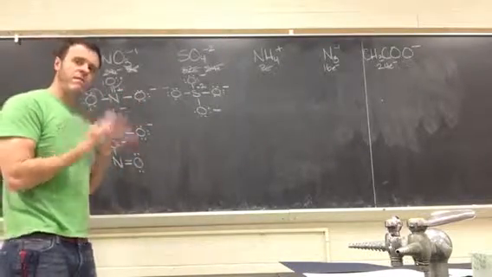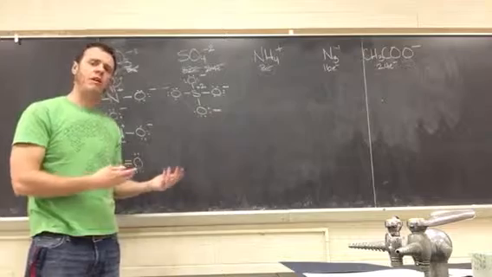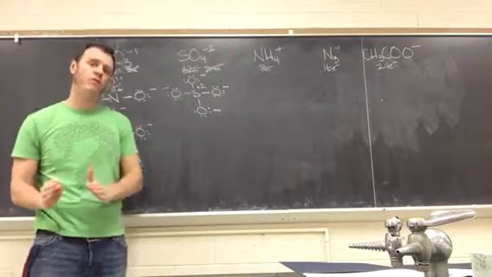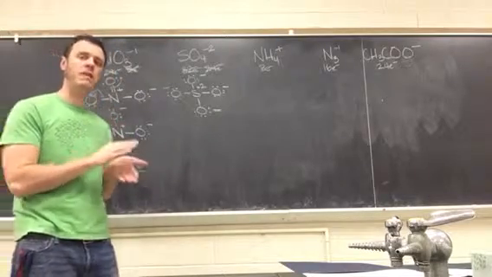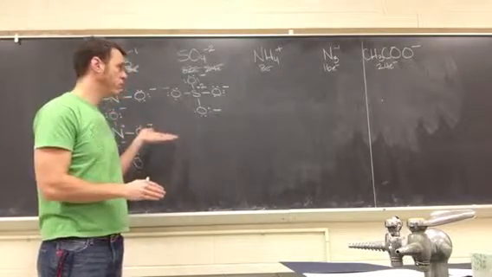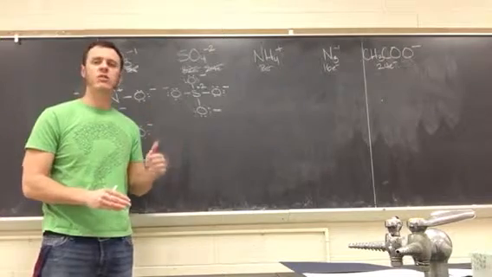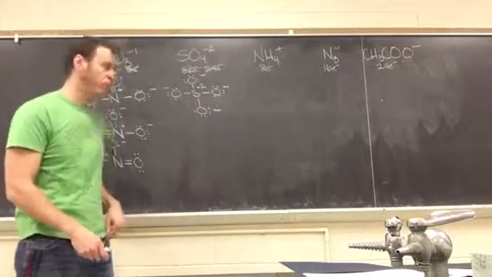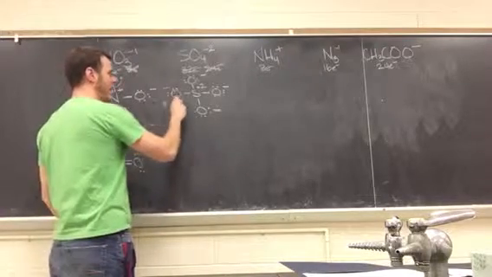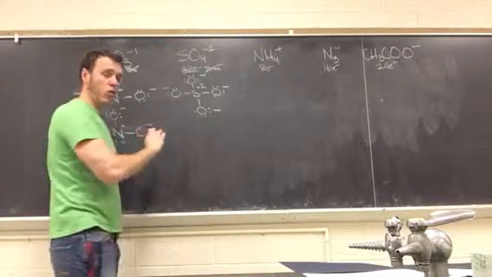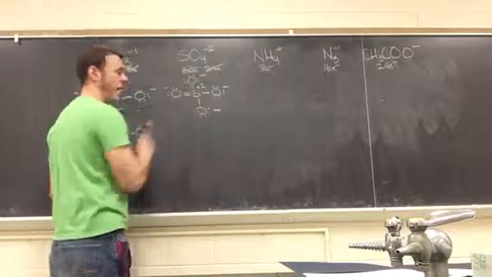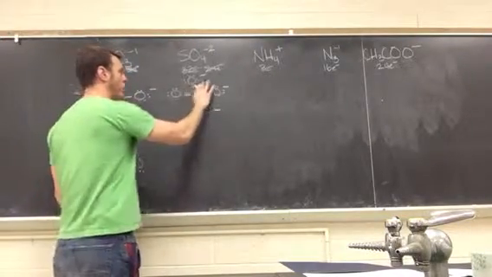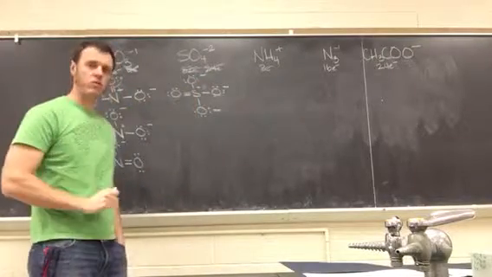But there's a little bonus for sulfate. What has been found, and the way that we draw things, is we want formal charges to be minimized. We want as few of them as possible, and we want their charges to be as small as possible. In this case, because sulfur is in the 3rd period, it can have an expanded octet. So we can switch this up a little bit. If I take this lone pair right here, move it out, now the formal charge on this oxygen is 0, and the formal charge on sulfur is +1.